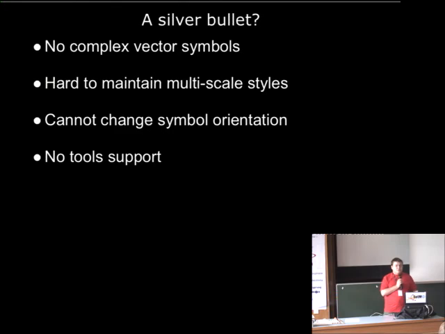So if you used JOSM and the turn restrictions plugin with JOSM, you see some turn restriction signals. It's not possible to do such a thing with MapCSS. And there is no tools support yet. So there are no syntax highlighters, no validators, nothing. But we're working on it.